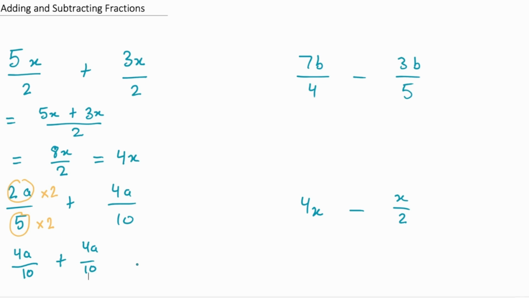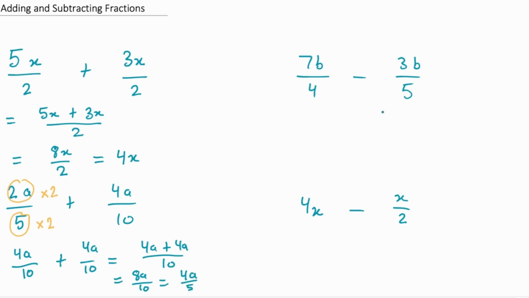Now here we can see that we have common denominators, so let's go ahead and merge them together. 4a plus 4a all over 10. And then the final step is to ensure that we're simplifying accordingly. 4a plus 4a, that gives us 8a over 10. And let's again ask ourselves, can this be simplified even further? The answer is yes. This can be simplified to 4a over 5.